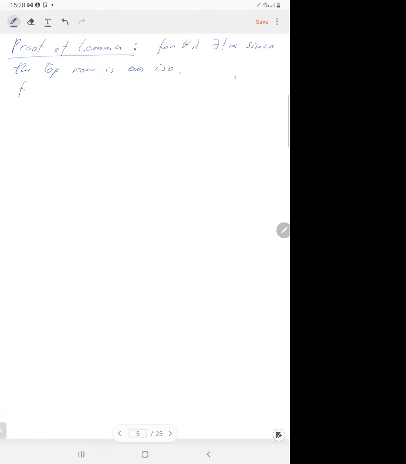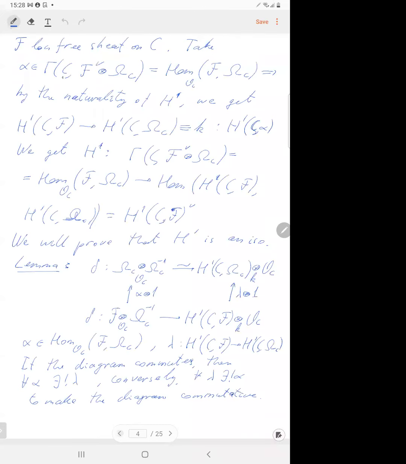Now for any alpha there exists unique lambda for the following reason. So again, let's have a look here. All those co-boundary morphisms, the delta, in the top row and in the bottom row, they are compatible with the restriction to any point of our curve.